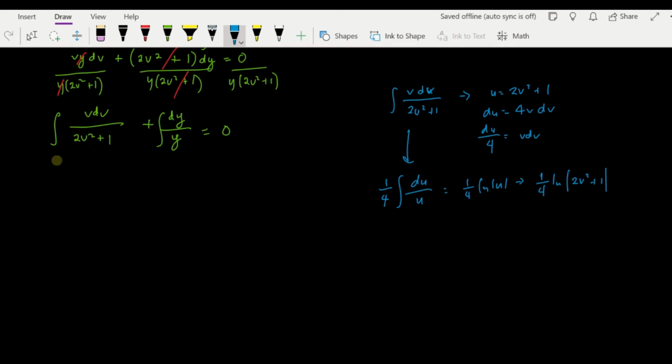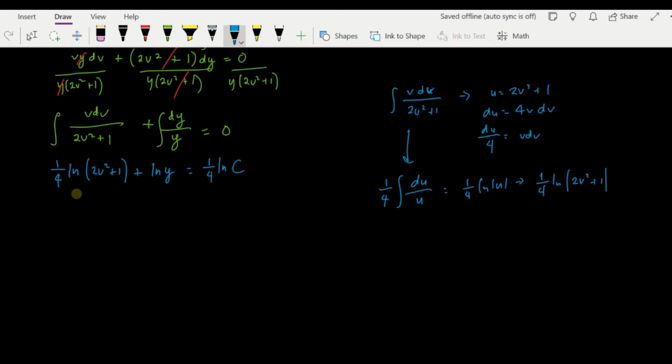So we have 1/4 ln 2v squared plus 1 plus integral of dy over y is ln y equals, since may 1/4 tayo dito at may ln, gawin na rin natin yung constant na 1/4 ln c. Technique lang yun guys, kasi di ba constant na yan, then may 1/4, so lagay na rin natin 1/4, then lagyan na rin natin ng ln para pare-pareho.